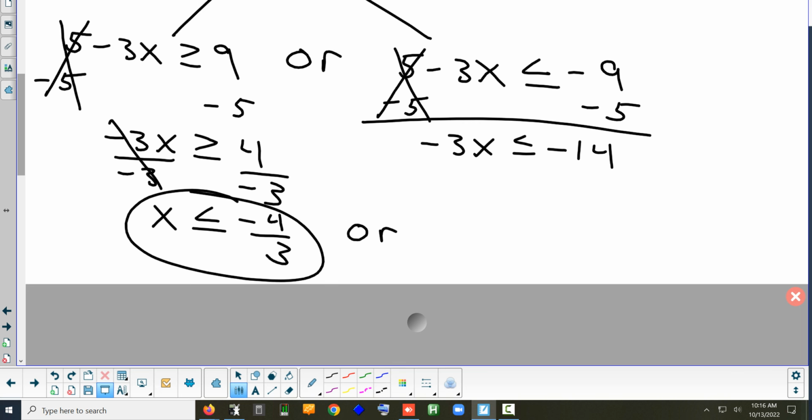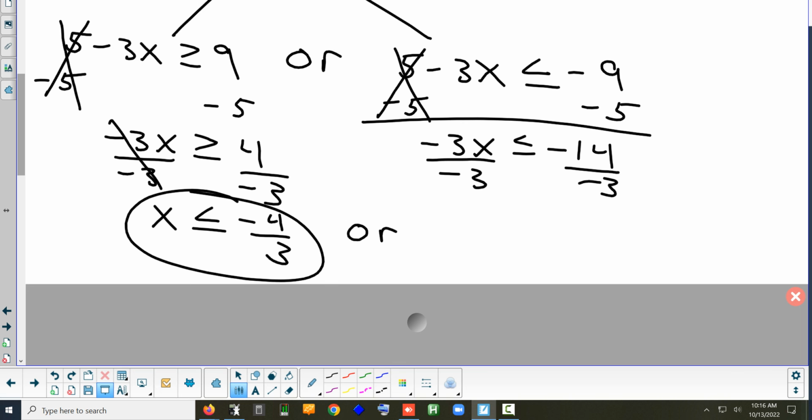And Lexi, what would be my last step? And what kind of number did you just divide by? Well, you tell me. What should I do right now? I was trying to give you a hint, but what do you have to do now? Why?